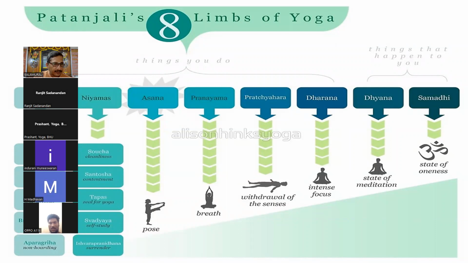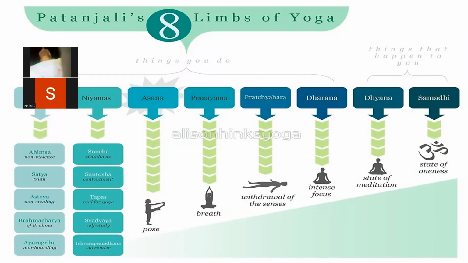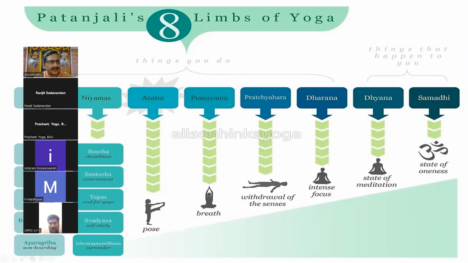State of oneness. Any other answer? Doing Ashtanga Yoga, where am I heading to? Samadhi. The goal is Samadhi, or you can say the goal is Dhyana, because if Dhyana intensifies and crosses a certain limit, it becomes Samadhi.